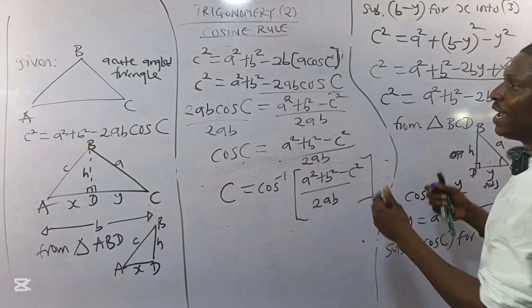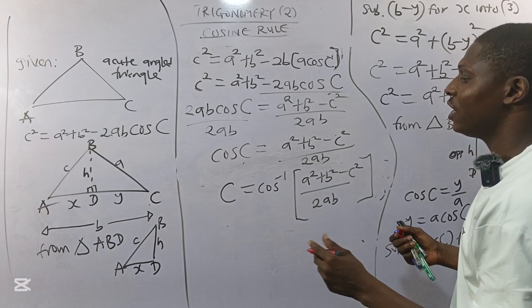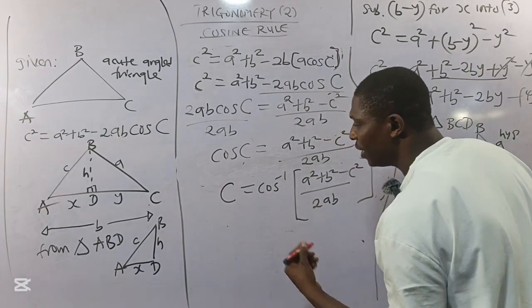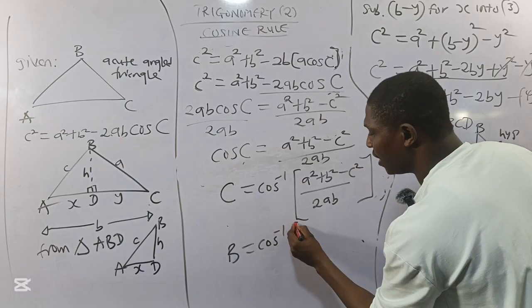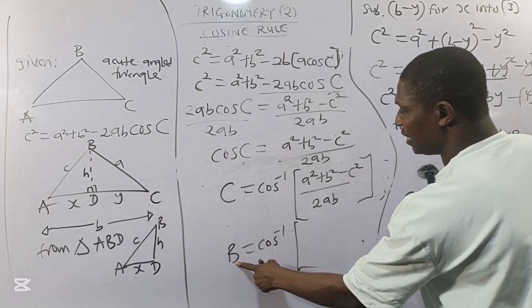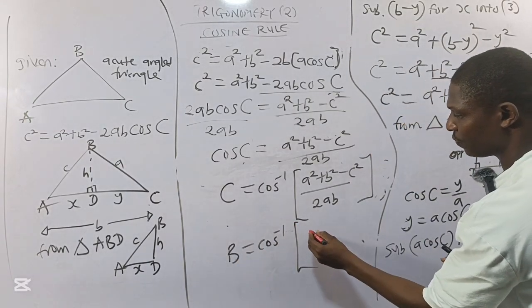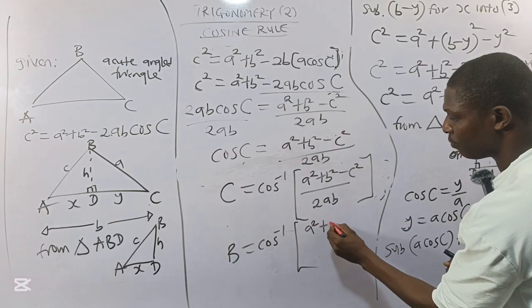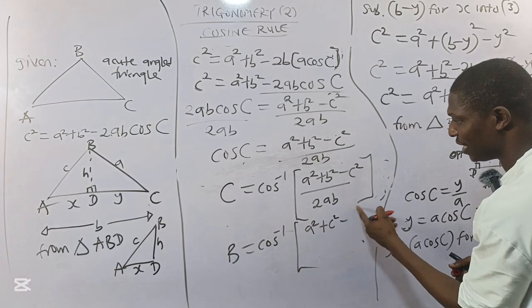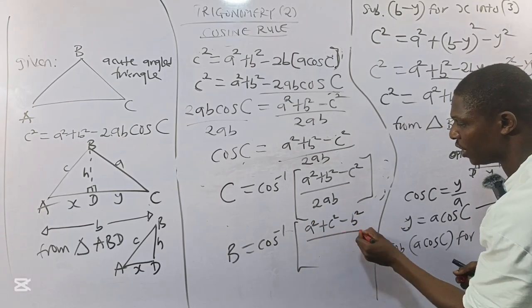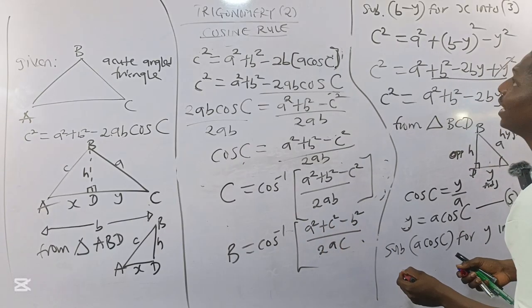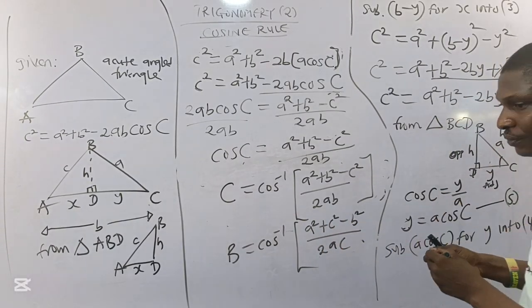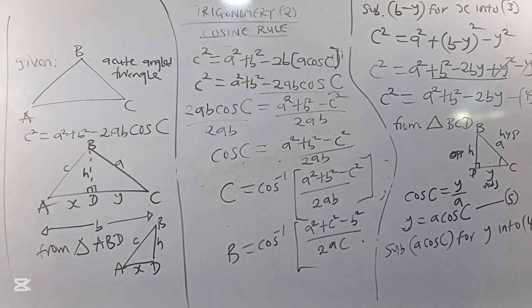And in the same way for those other angles, we can also have angle B equals cos inverse of, since B is here, you simply have A square plus C square minus, you subtract that of the smaller angle, B square, all over 2 times, 2AC. And that for the third, remember we are done with our proof.